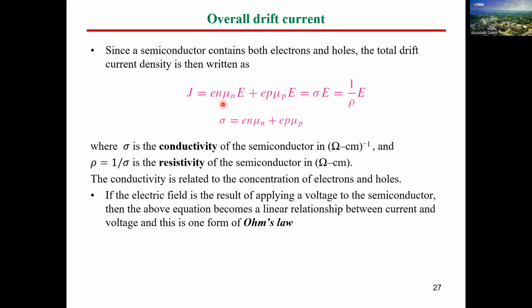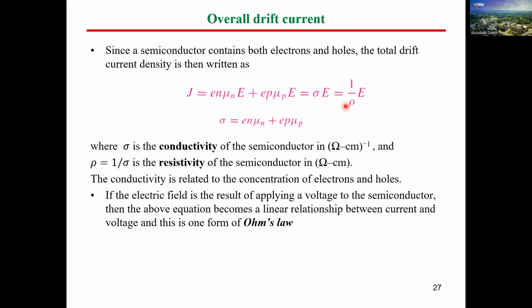So it's e n mu_n E plus e p mu_p E. So E is a common factor. Little e n mu_n plus little e p mu_p can be defined together as sigma, or one divided by rho.